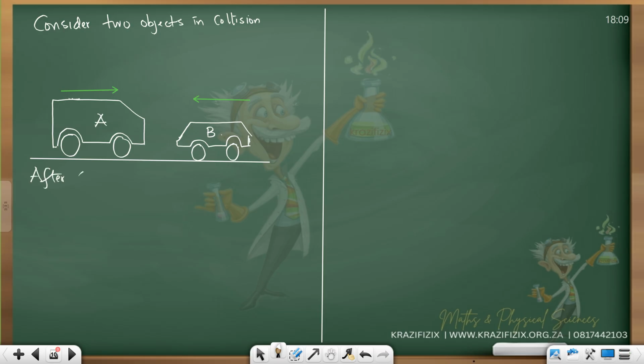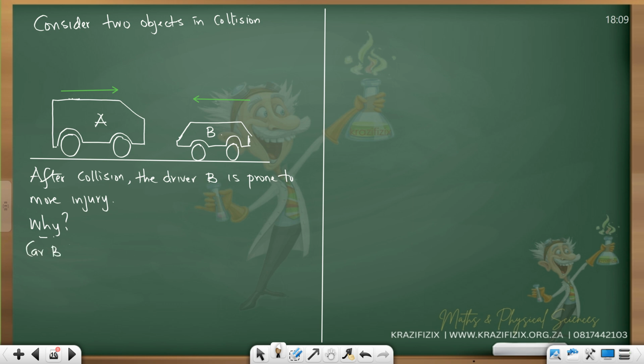After collision, the driver B is prone to more injury. And these are physics questions. You'll see that these are exam questions. And the question is why? Using principle of physics.